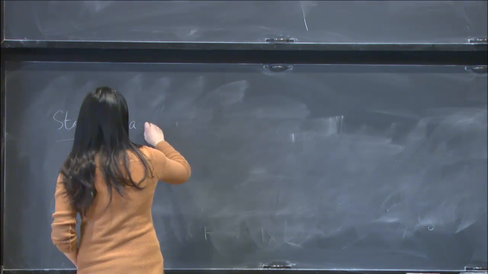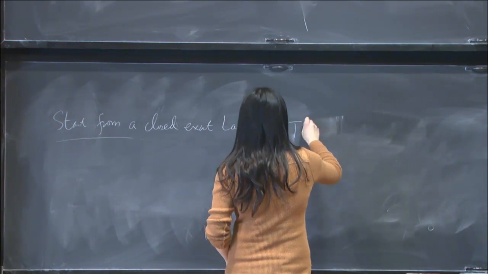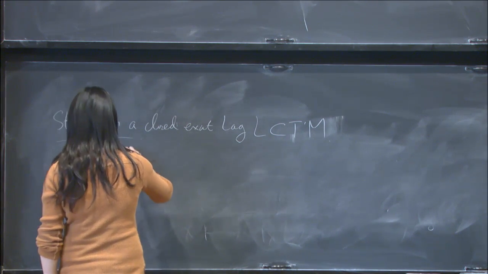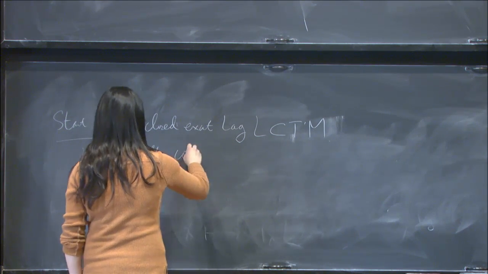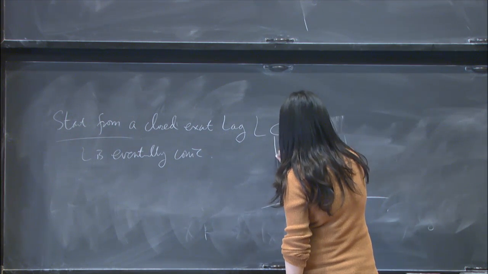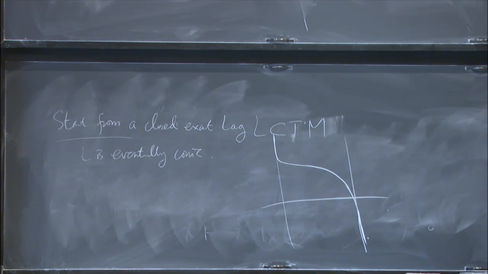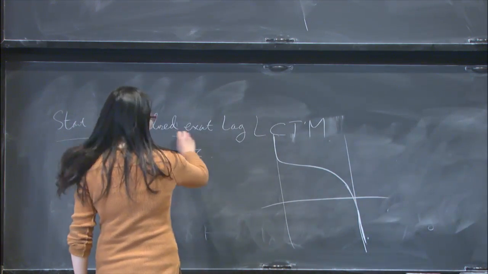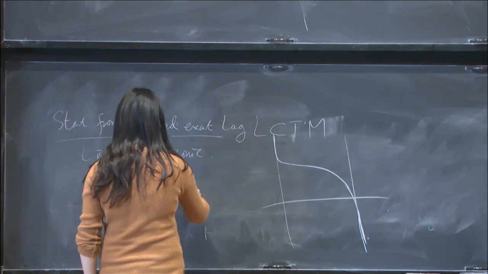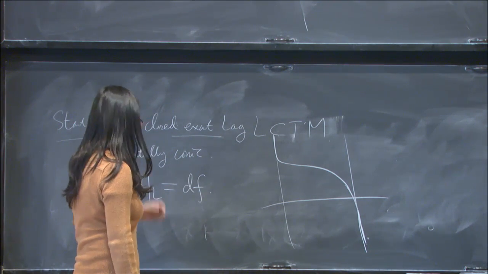So let's come to the construction. We start from a closed exact Lagrangian L in T star M. Let's assume that L is eventually conic, which means it has a conical end near infinity. By the exact condition, alpha, the Liouville one-form, restricted to L is d of a function f, where you can just fix one primitive of alpha.